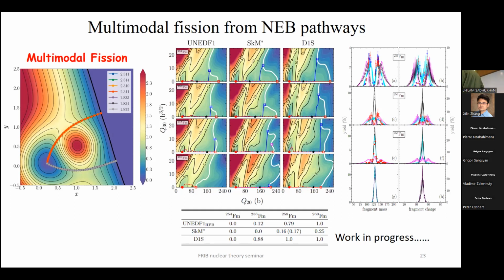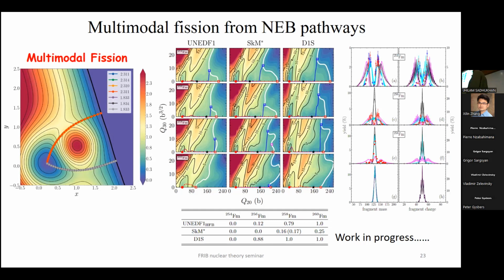But in the case of, say, fermium-258, this is the interesting case where bimodality is already seen experimentally, and we can see that this functional is giving 0.8% symmetric fission, then 20% is asymmetric. If we combine these, we get a symmetric peak and also a tail part. So this type of calculation really gives us the yield distribution for multimodal fission.